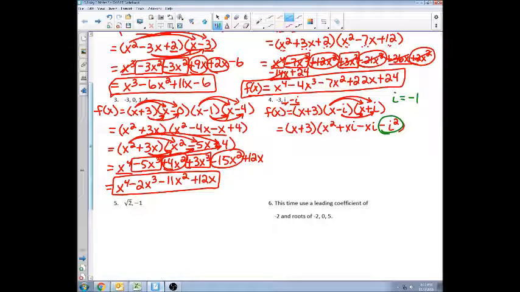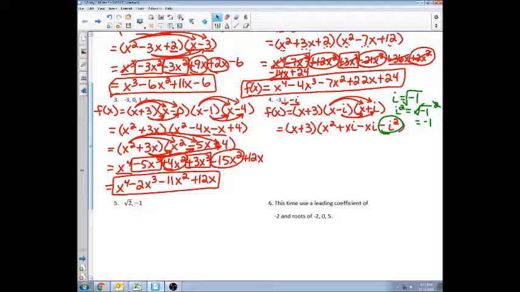So if I have i squared, that would be the square root of negative 1, squared. Now, if that's the case, then this square root and that squared would go away, so it would really just equal negative 1. So, i squared equals negative 1. We need to remember that, okay?